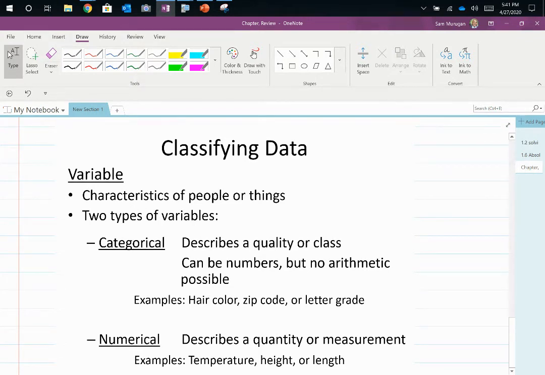Now, important here, variables are used to classify data, and variables are characteristics of people or things. And there are two types of variables. One is categorical.